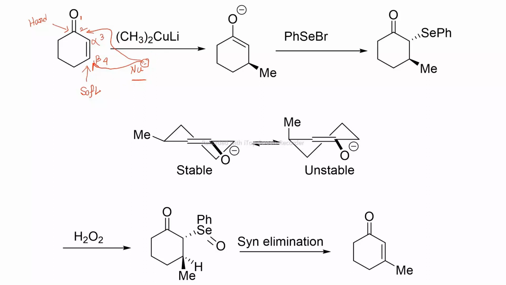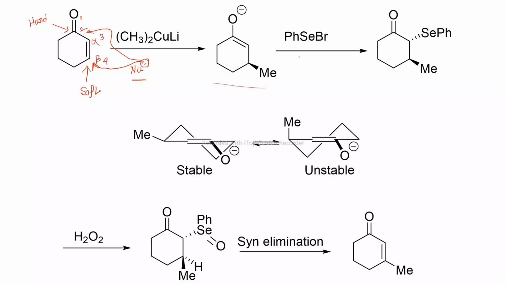Okay, so we'll get the product like this. Let's assume, because this double bond is both face attack is equally feasible, let's say the methyl group attacks from the upside. So that's why we get this product.